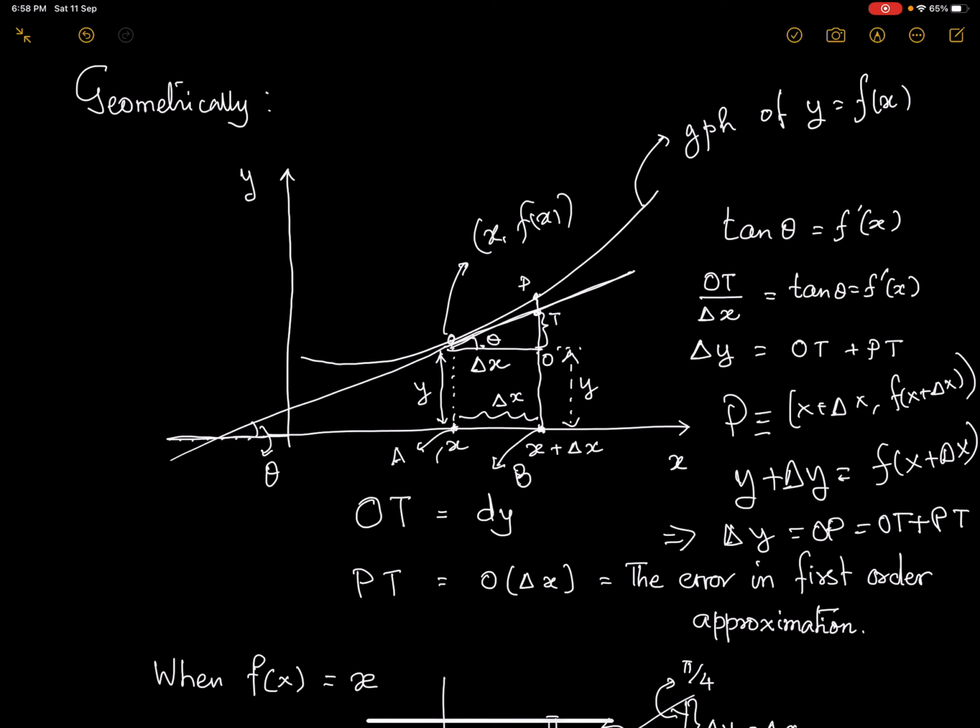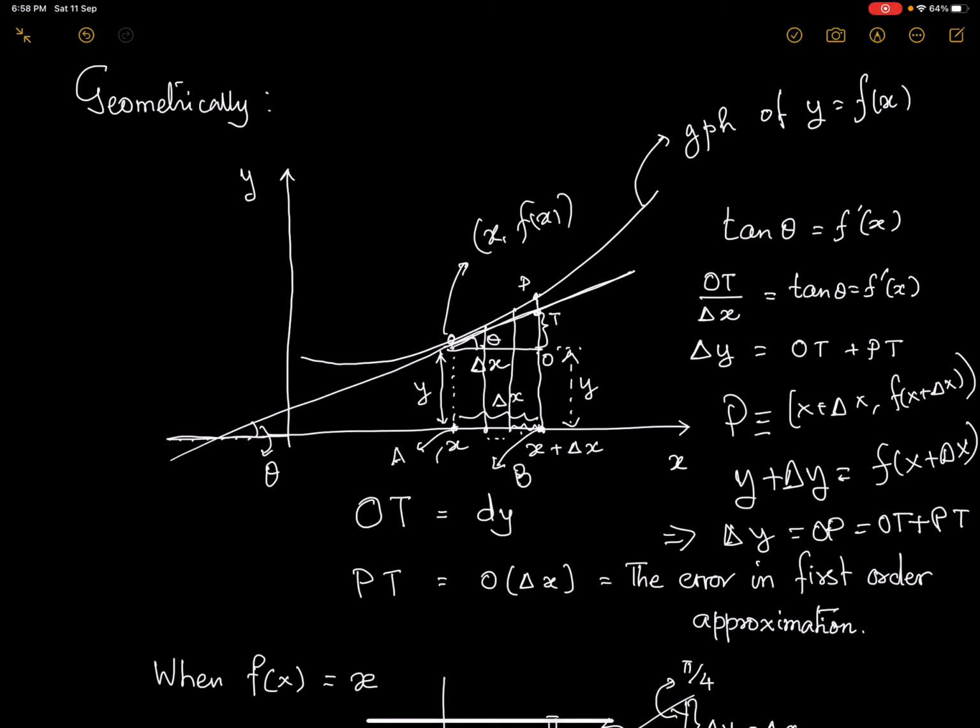Because you see, if I make del x go towards 0, that is, if I move towards x from this direction, if I move del x this much, this has considerably reduced. See, I am quite far from x. As I am moving my del x, I am quite far from x.